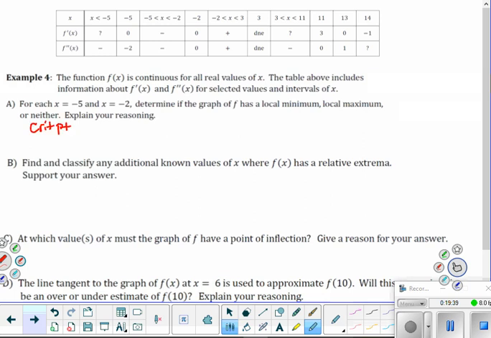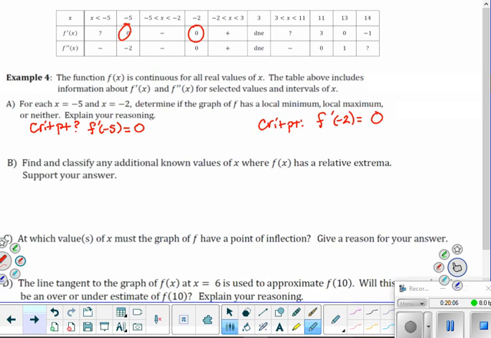Verify critical point. So I want to look at f prime of -5, does it equal 0? It does indeed. There's 0. And what about, maybe I'll work over here, critical point, when we have f prime of -2. Oh, also a critical point. So yes.